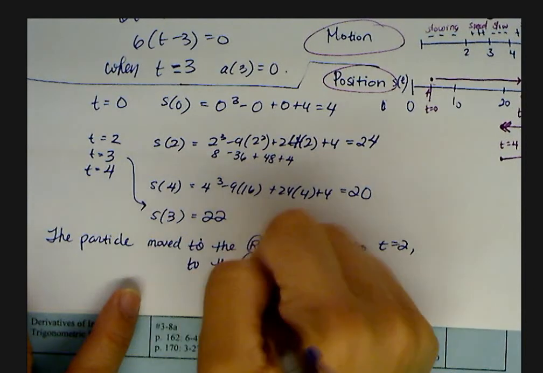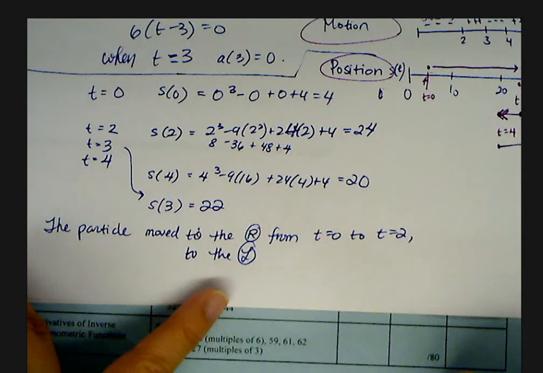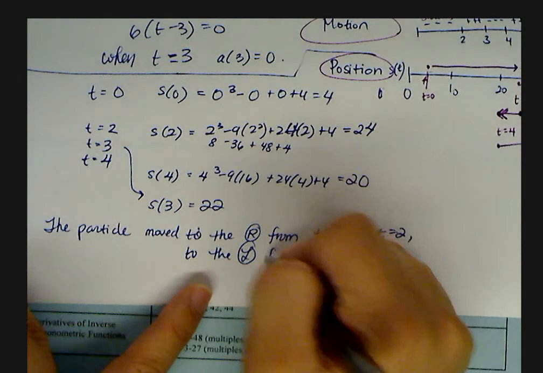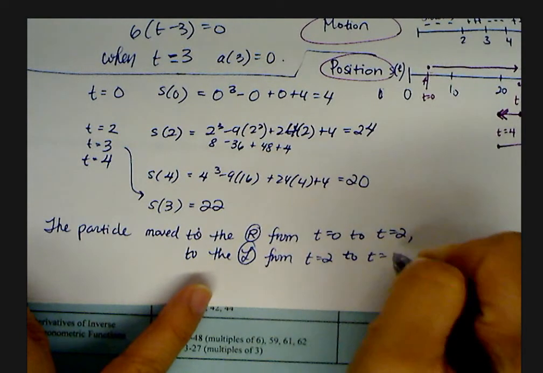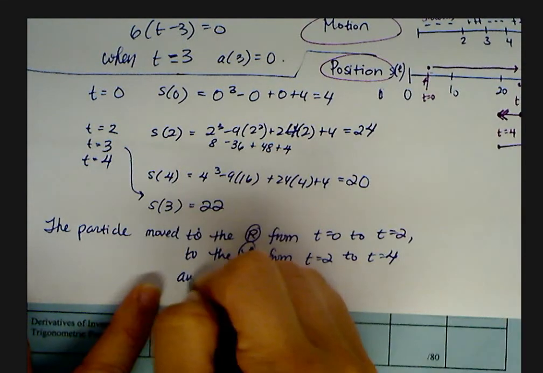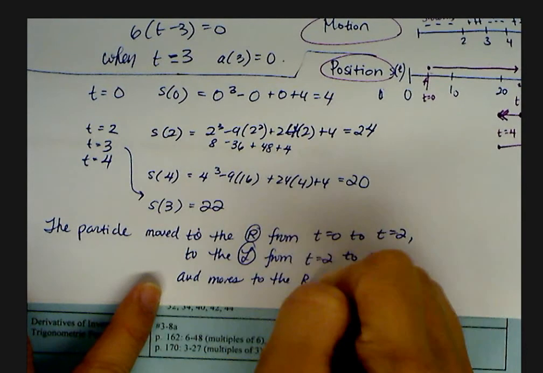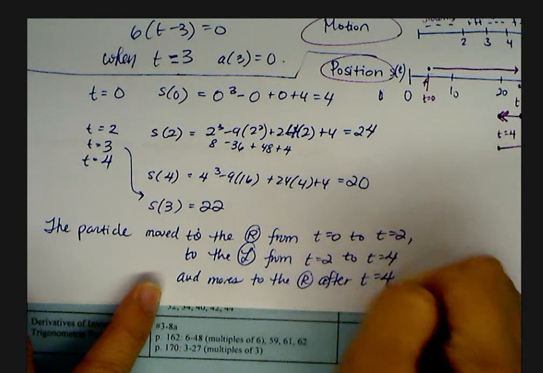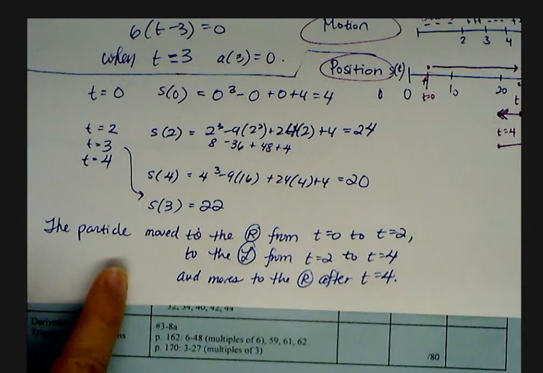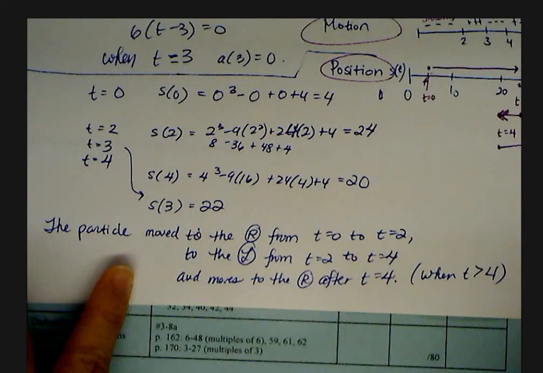To the left from t equals 2 to t equals 4. And moves to the right after t equals 4. Or you could say, when t is greater than 4.